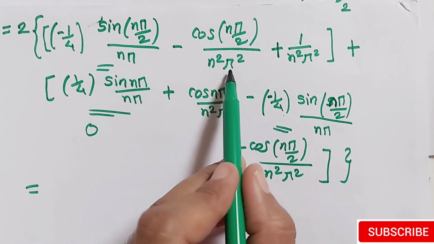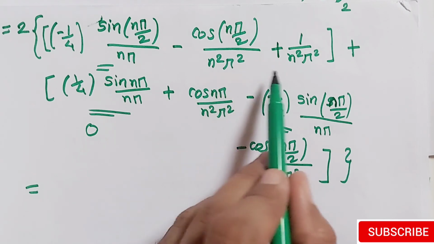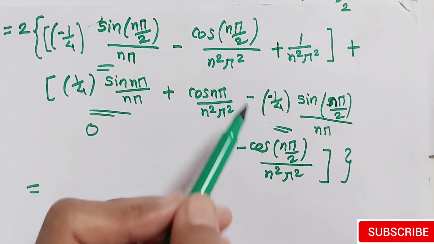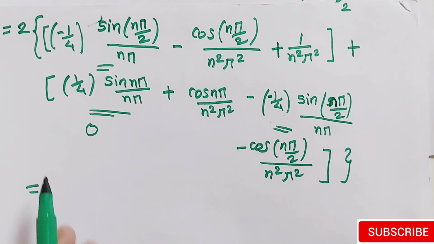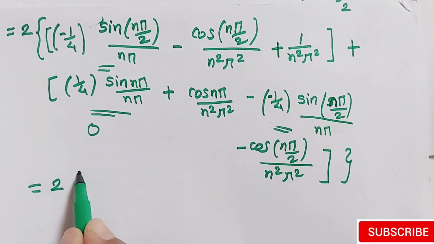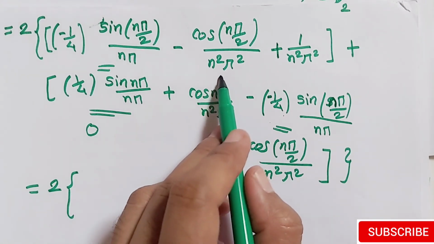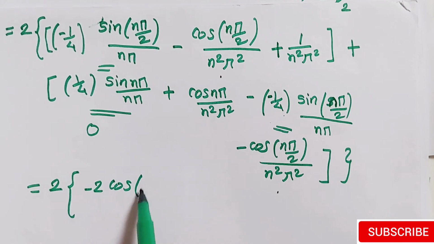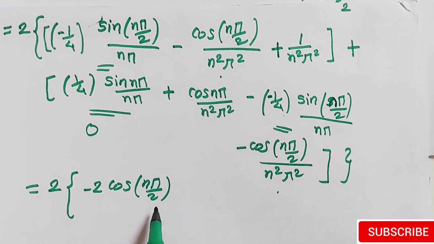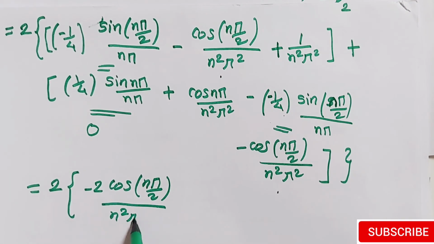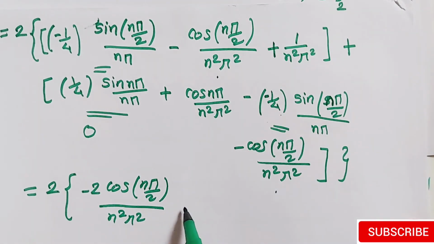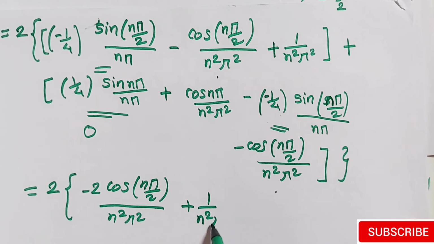The remaining terms we can see here are the cos term, and here again the cos term. Both are negative, that means the addition of these terms is 2 times. So here 2 outside as it is, in the bracket this term and this one, it is minus 2 times cos n pi by 2 divided by n square pi square. Now the next is plus 1 by n square pi square plus cos n pi.